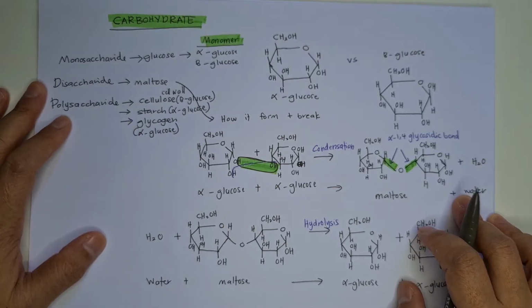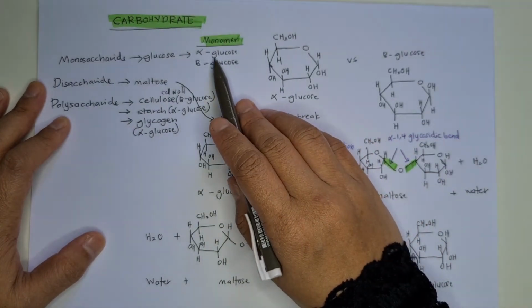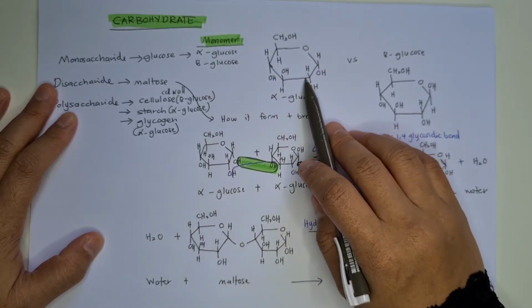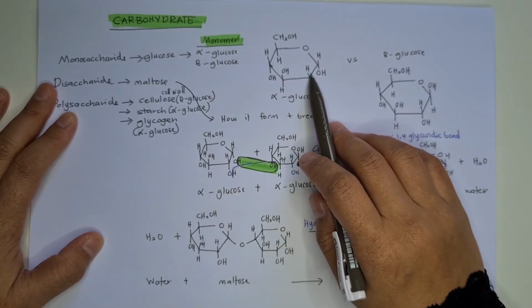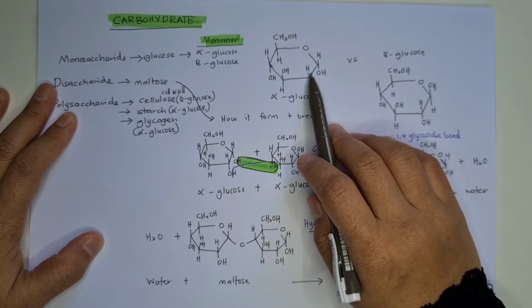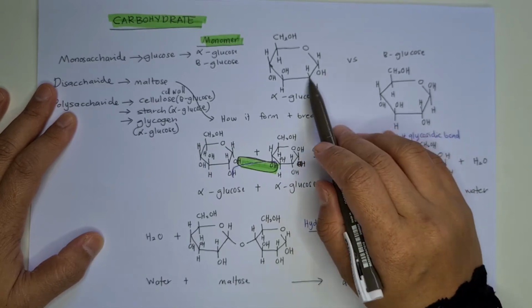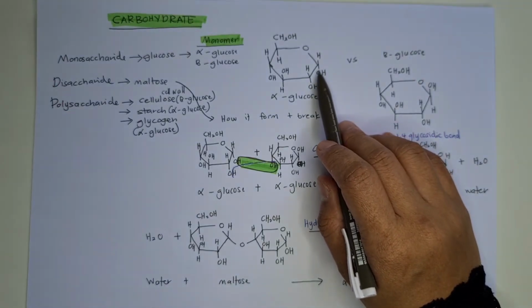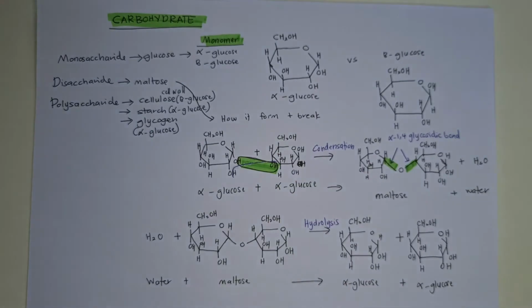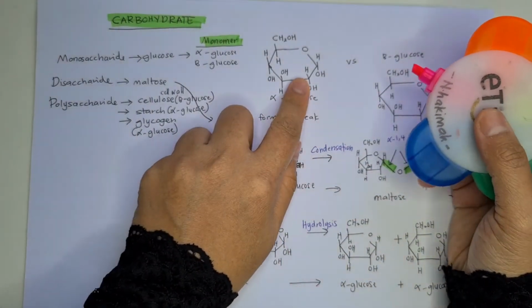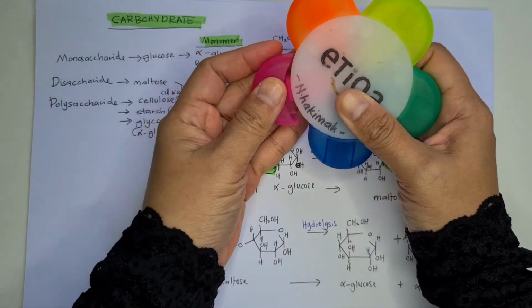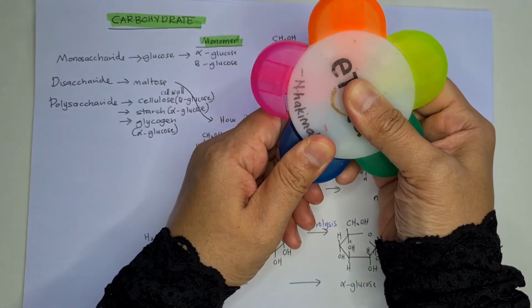Alright, so now there are two types of glucose, alpha glucose and beta glucose. These are the structure, and how you differentiate between those two is by looking at carbon number 1, based on the hydroxyl group. So if you look carefully, you can see that the hydroxyl group at carbon number 1 for alpha glucose is at the bottom, okay, dekat bawah.